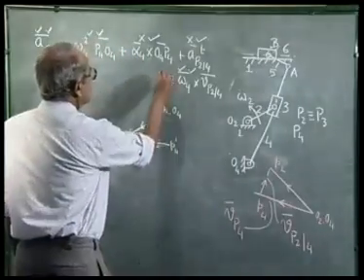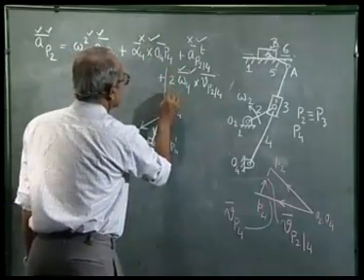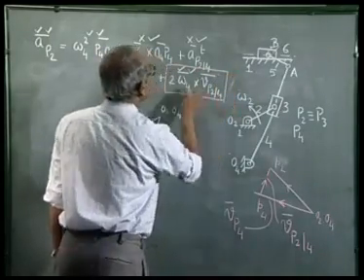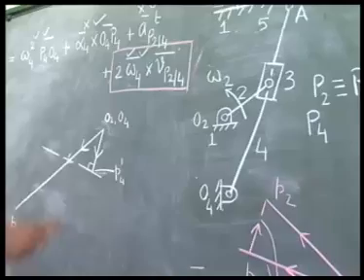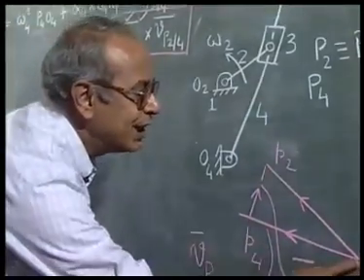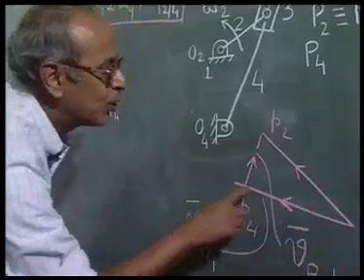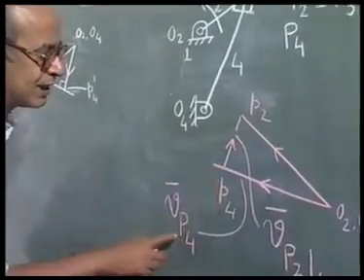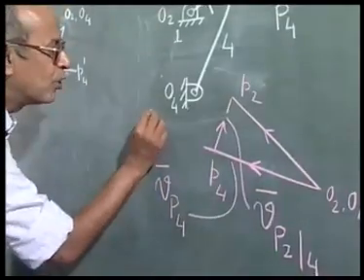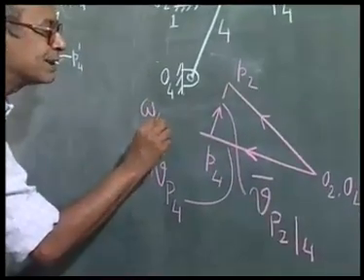Now, let us look at this term, which is the Coriolis component of acceleration, which is completely known. If we go back to the relevant portion of the velocity diagram, what we see is that Vp4 is in this direction, O4P4, which means omega 4 is counterclockwise.